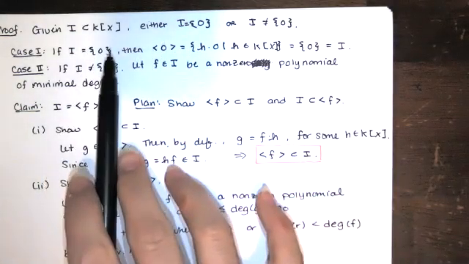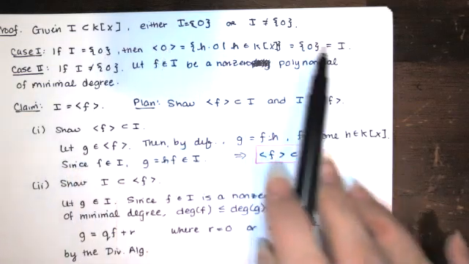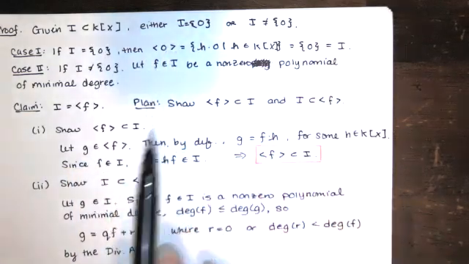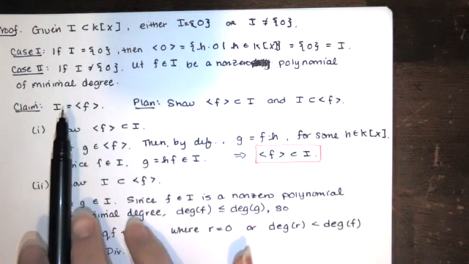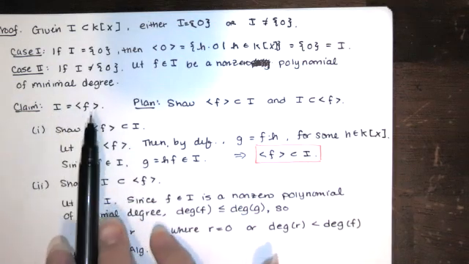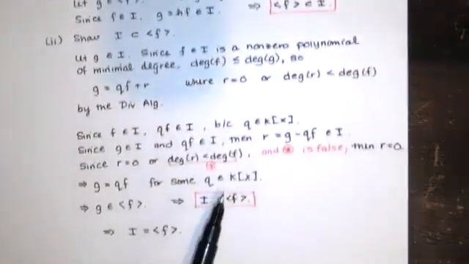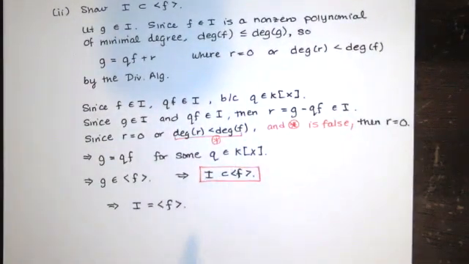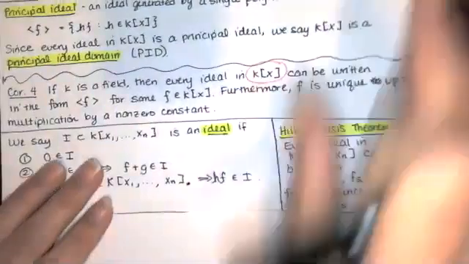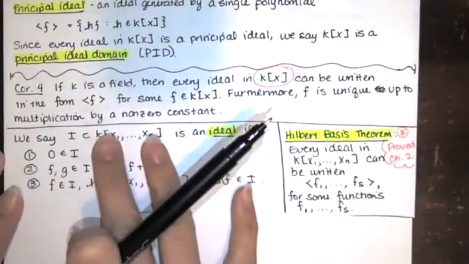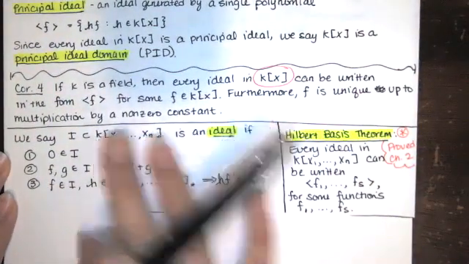Either I consists of the 0 polynomial only, I is equal to the ideal generated by the 0 polynomial, or I is equal to the ideal generated by f, where f is a polynomial in I of minimal degree. We were able to show that. Now, the last part says, furthermore, f is unique up to multiplication by a non-zero constant.